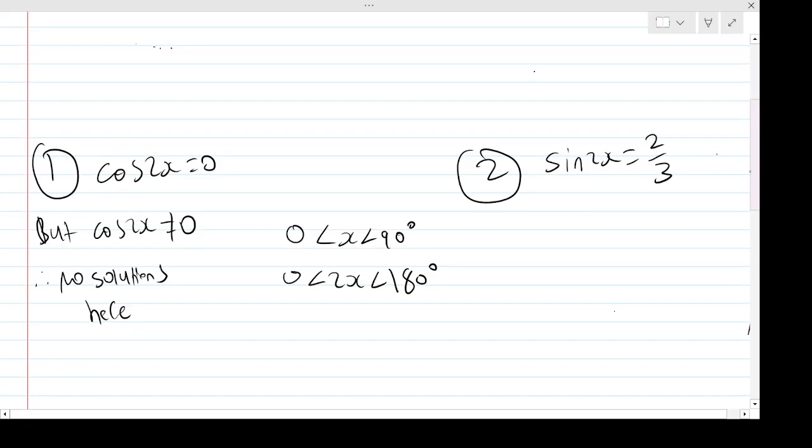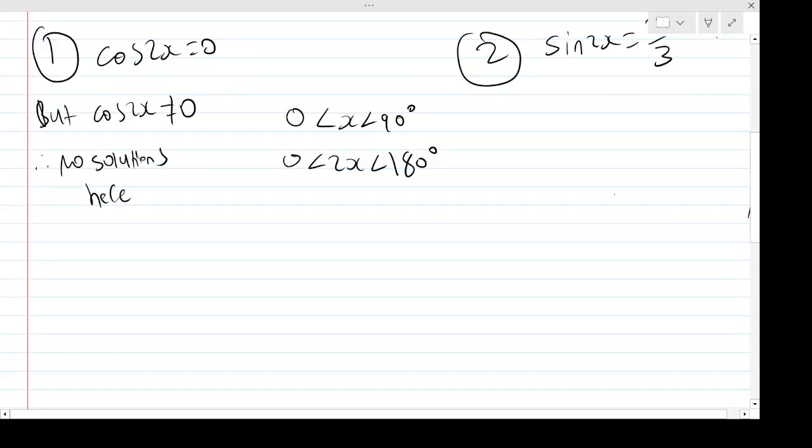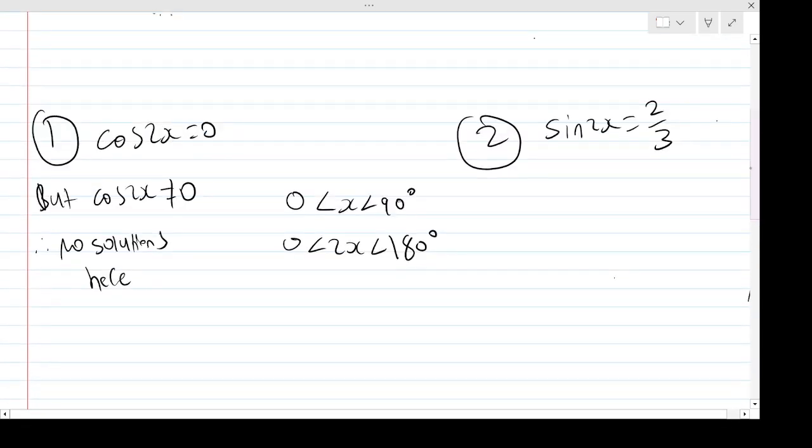So sine 2x is equal to 2/3. Our strategy will be the same. We will firstly do inverse sine of 2/3. That gets me 41.81 and so on degrees.